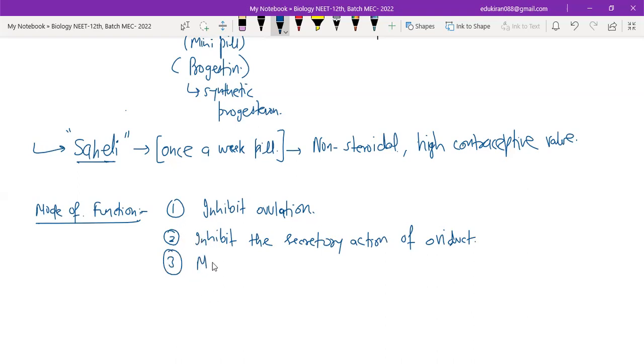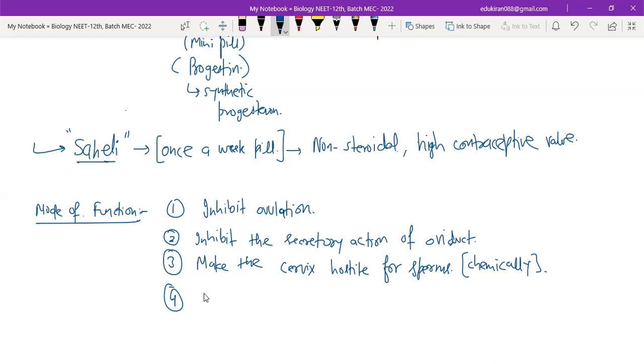And they also make the cervix hostile for sperms, so that sperm start getting killed chemically. They make it chemically hostile. The fourth way is they also modify the endometrium.